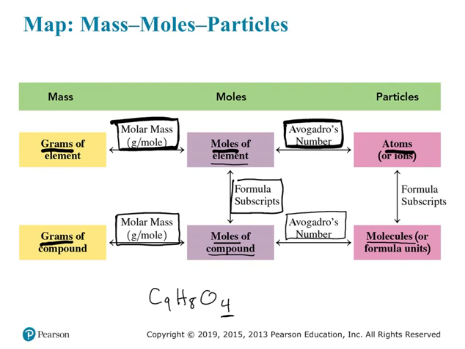And then we also took that a step further. We converted that to the number of atoms of oxygen using Avogadro's number. Now what's really cool is if you have atoms of an element, you could convert that to molecules of whatever you have, again just using formula subscripts. So just using the ratios between an element and the compound that it's in.